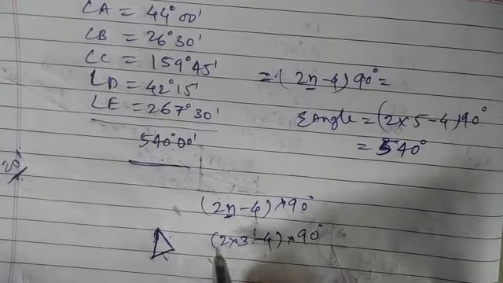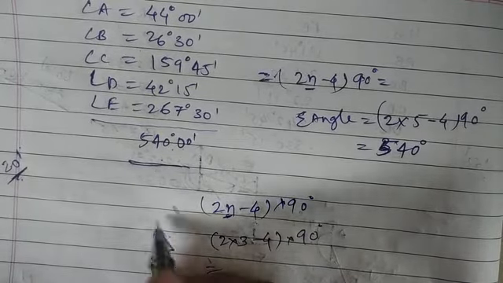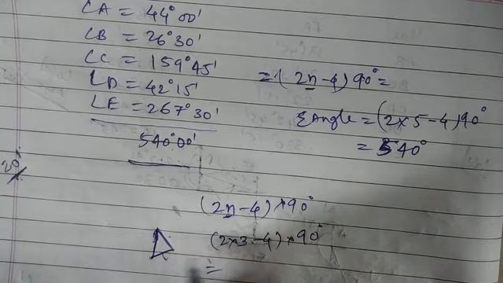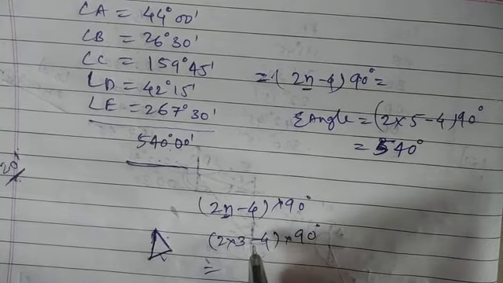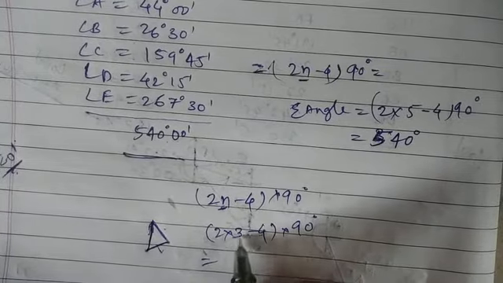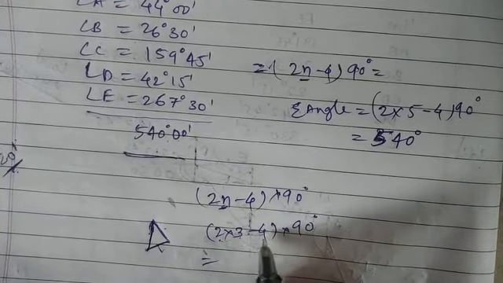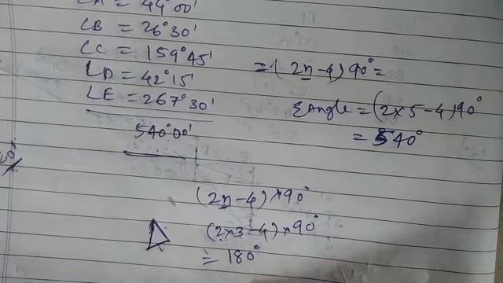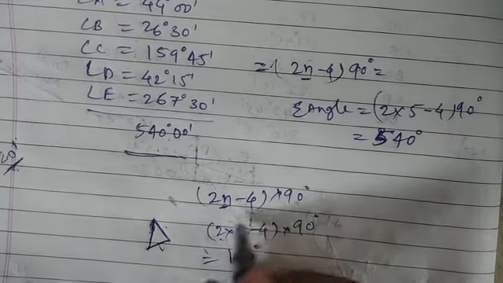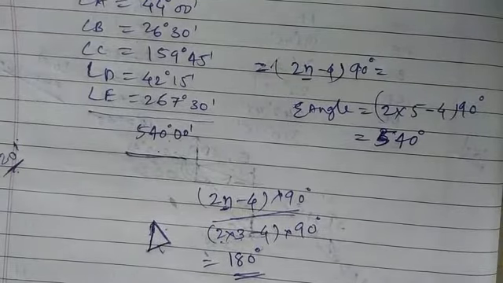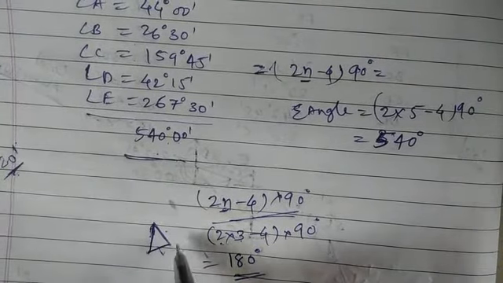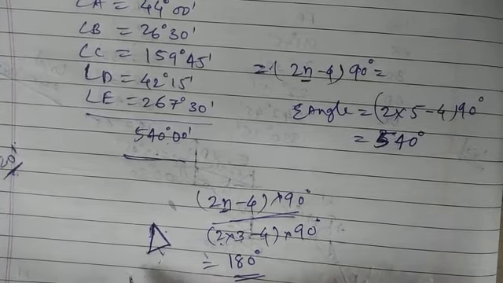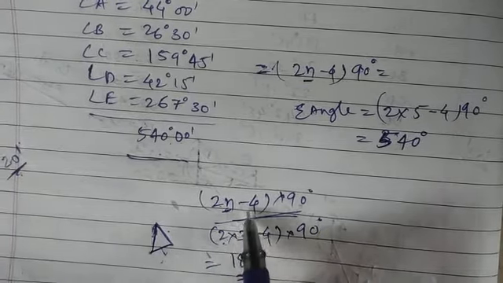We know that the summation of angles of a triangle should be 180 degrees. So let's check whether it comes to 180 degree or not. 3 twos are 6, 6 minus 4 will be 2, and 2 nines are 18, so it will be 180 degree. So this formula is correct. For any polygon you can calculate the summation of interior angles by using this formula.